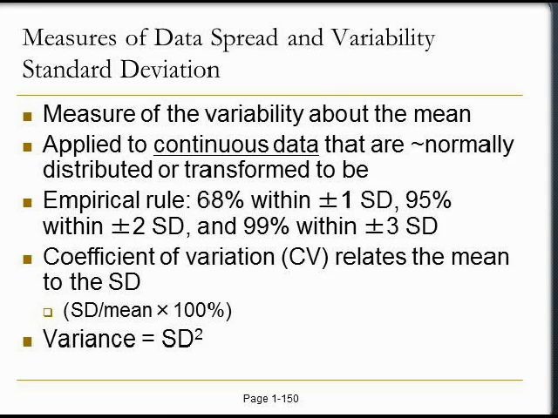The empirical rule, which hopefully you remember, or I've jogged your memory now, based on your introductory biostatistics course somewhere back in the day: 68% of values in a sample fall within the mean plus or minus one standard deviation. 95% of values fall within 2 standard deviations of that mean, and 99% of values fall within 3 standard deviations of that mean.